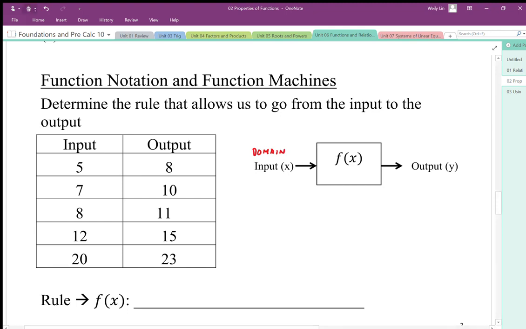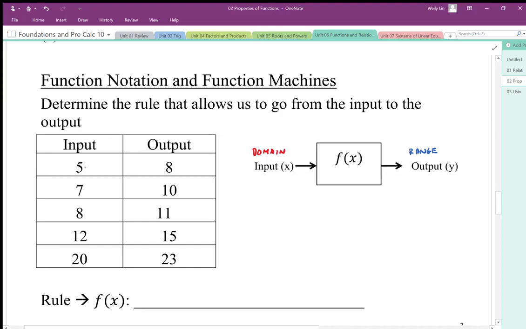Sometimes we know what it is, sometimes we can come up with a rule, sometimes we can't. And it gives us one output, which is part of our range. This is a model we use, this function flow chart. We put something in, it does something, we get something out.